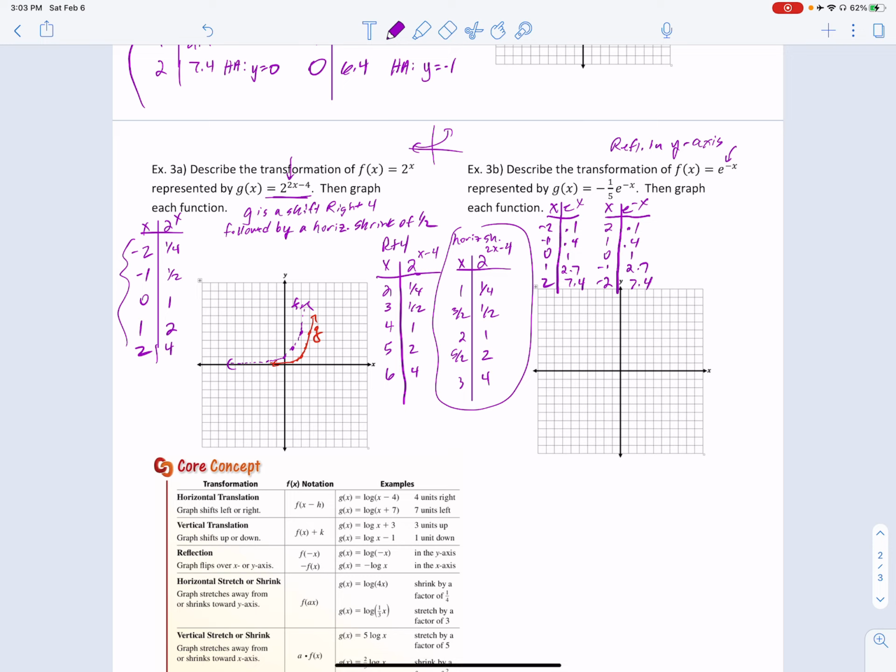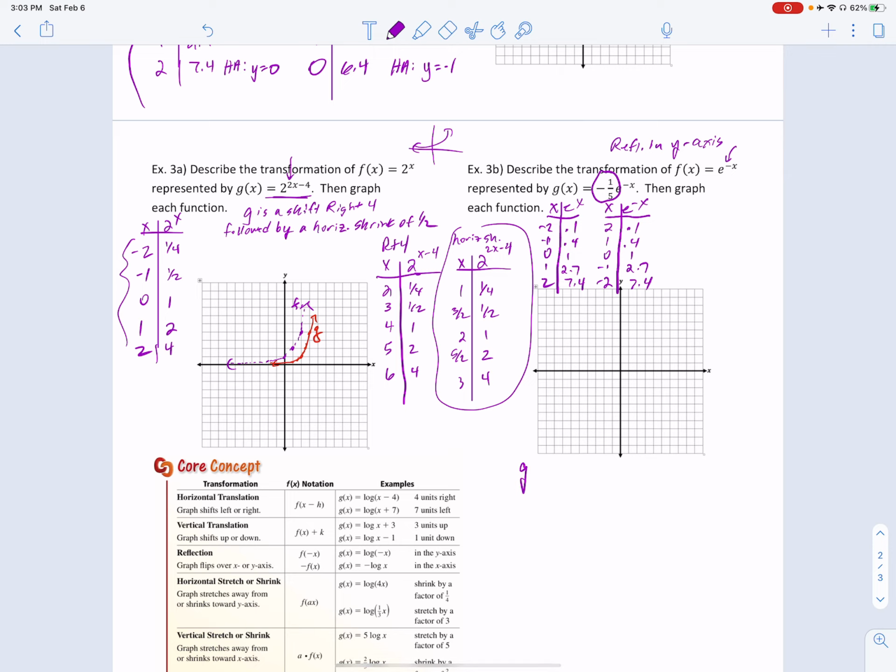See, notice I'm not picking up a calculator, I'm not looking at Desmos, and I can just go through these and figure out ordered pairs that are on my final graph. And then lastly, I have this negative 1/5, and that's outside the function. That is a reflection in the y-axis and a vertical shrink of 1/5.